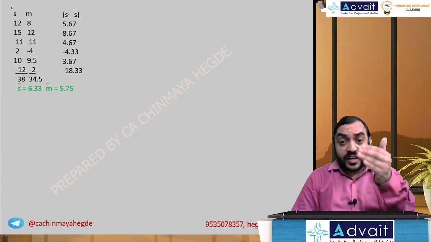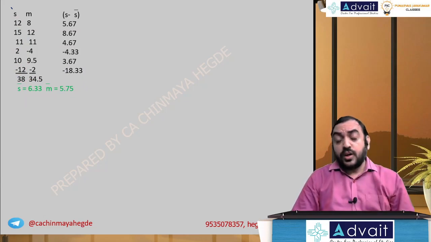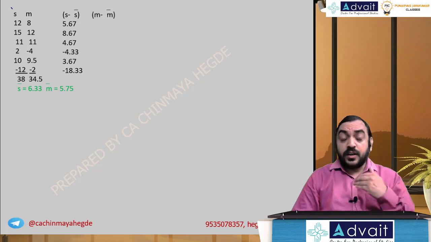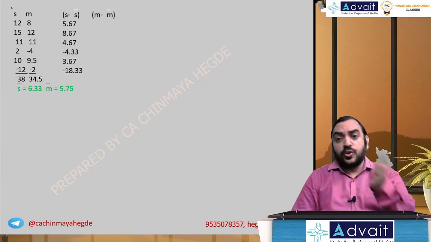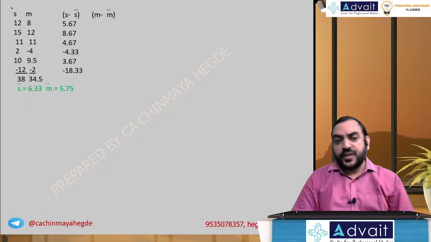Total you can verify, it should be 0. You can do a cross verification. S minus S bar, then M minus M bar, then I'll do M minus M bar whole square.